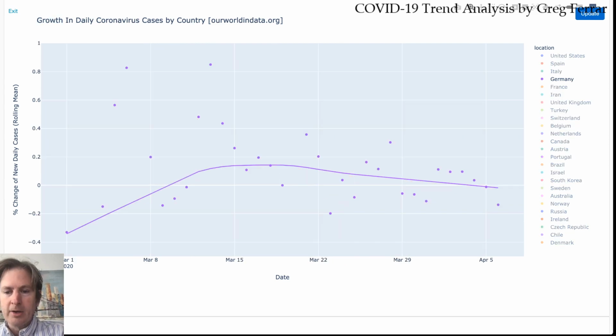Germany has not had it that great, and they've had quite a few days of growth recently, but the last two days have been good. And if this trend line continues to drop, it'll probably drop more sharply. Then we'll see more and more of the specific data points showing below zero, indicating a reduction of growth in new cases in Germany.